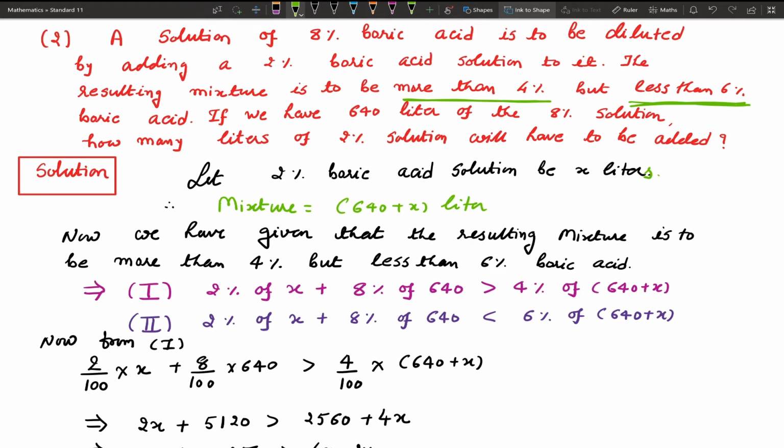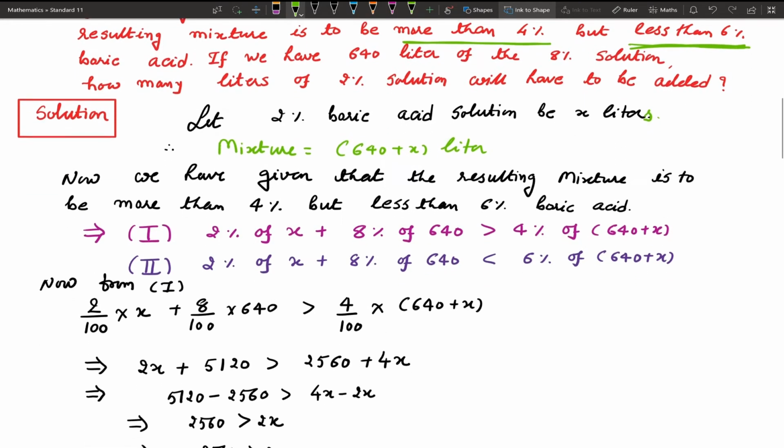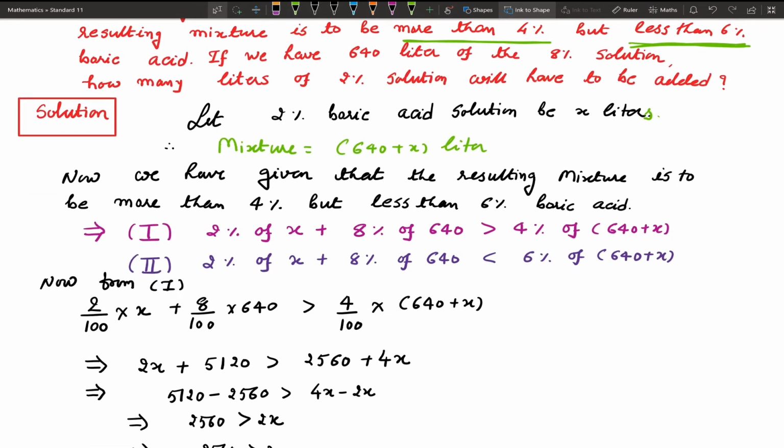So total mixture will be 640 plus x liter. Now we have given that resulting mixture is to be more than 4% but less than 6% boric acid. So what is the interpretation? X liter we have added, it is of 2%.